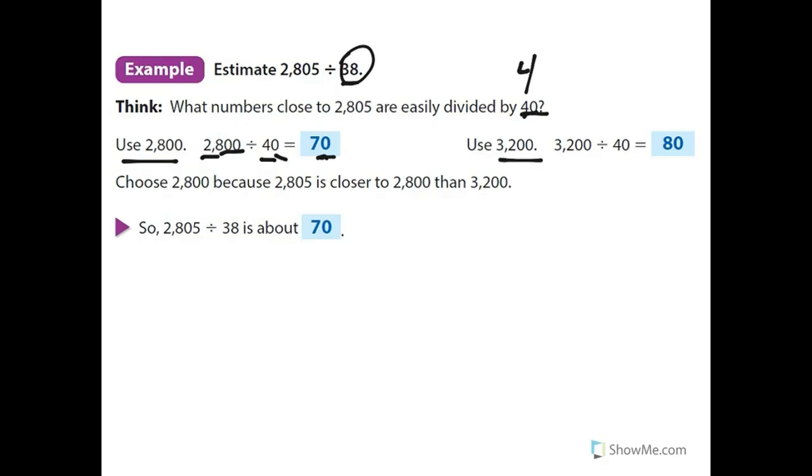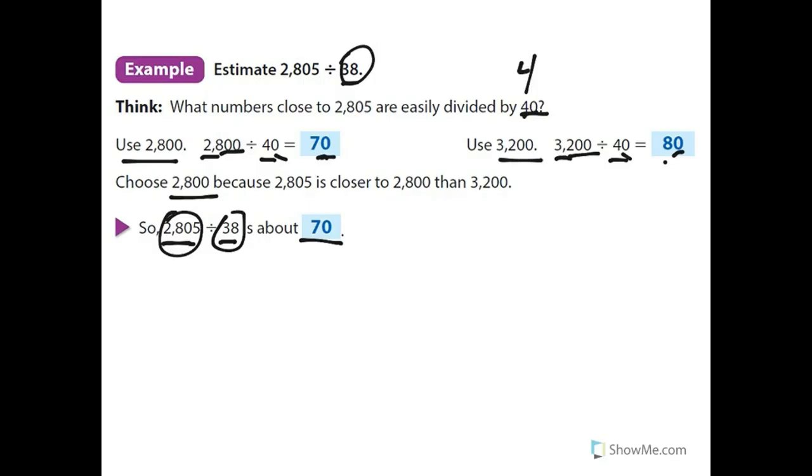And then use 3,200. 32 divided by 4 is 8. 2 zeros minus 1 zero, 1 zero. Well, you can choose 2,800 because 2,805 is obviously closer to 2,800 than 3,200, right? So 2,805 divided by 38 is about 70. So sometimes you'll need to do just one of the numbers and round it or find a compatible number. Sometimes you'll need to do both of them. But in all of these, what we'll be using is division facts.